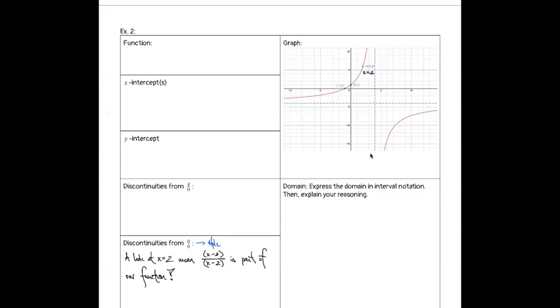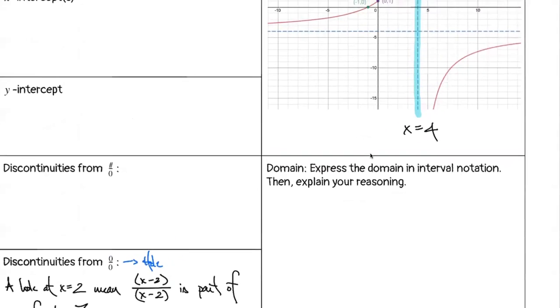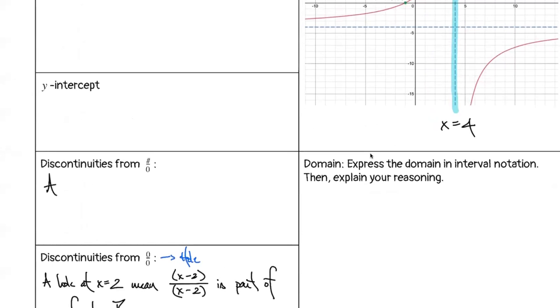So for the discontinuity from the pound over 0, there's a vertical asymptote at 4. Nice. So then that means there is an x minus 4 on the bottom, or on the denominator.